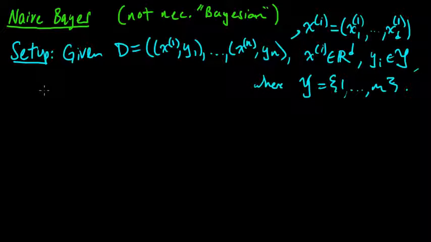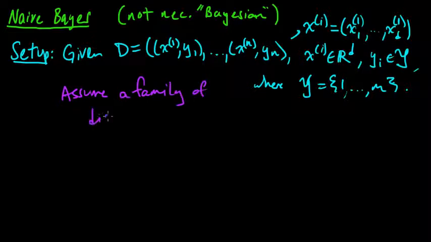And under the naive Bayes approach, we assume a probabilistic model in the following way. We assume a family of distributions parameterized by some parameter theta, could be a vector, just some parameter here.